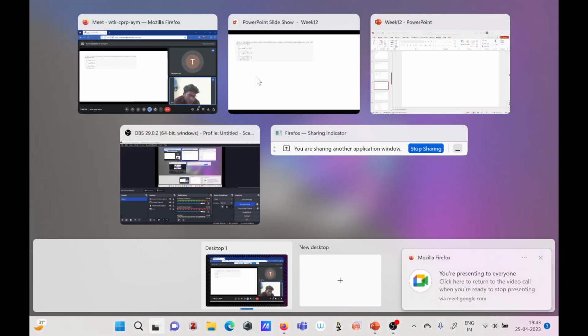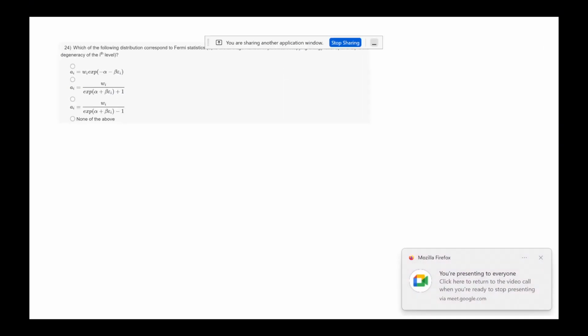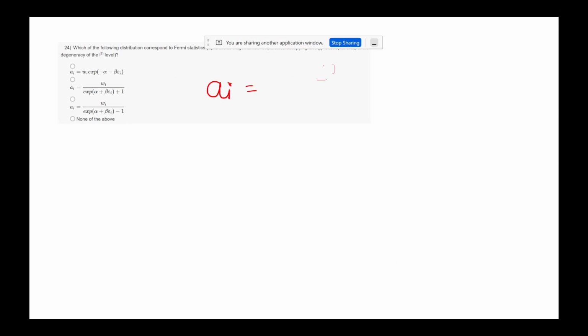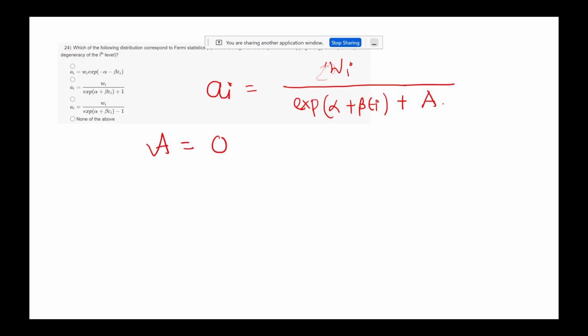So I'll give you the second one. I'll give you one piece of information. n_i will be w_i divided by exponential of (alpha plus beta epsilon) divided by a constant a, where this a is equal to 0 for Maxwell-Boltzmann statistics, 1 for Fermi-Dirac statistics, and -1 for Bose-Einstein statistics.